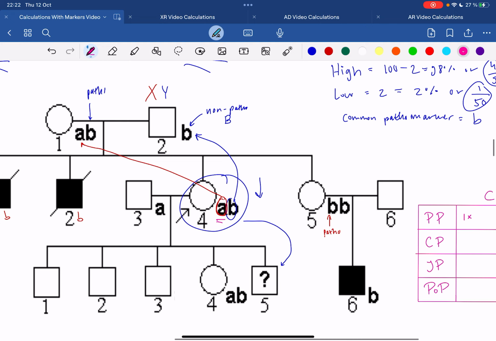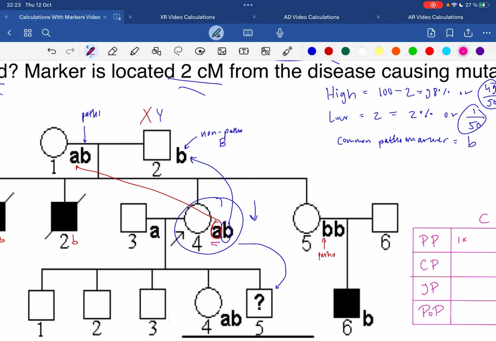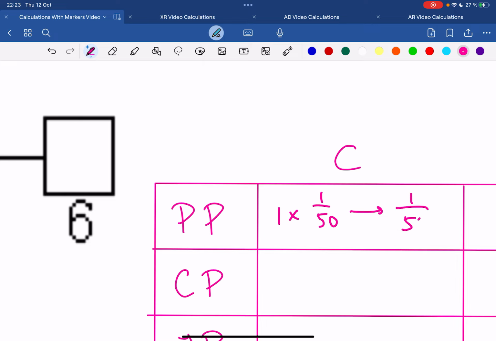The B must have come from her mom in order for her to be a high-risk carrier, but in this case, the only thing she got from her mom is the A, because she could have only gotten the A from her mom. So it'd be a low risk, which is 1 out of 50.